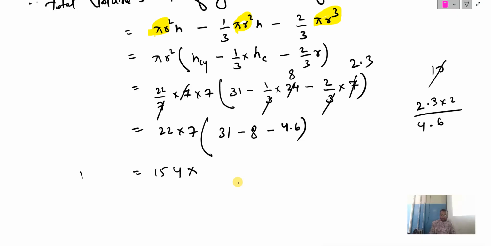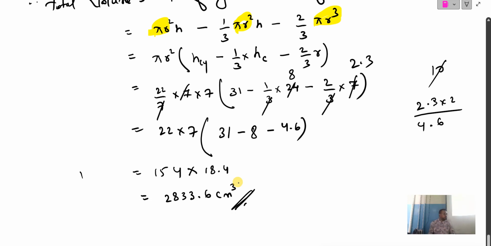This part is the curved surface area of cone plus curved surface area of cylinder plus curved surface area of hemisphere. All these three areas we need to add. Clear? So they are asking us to find the curved surface area of the remaining solid.